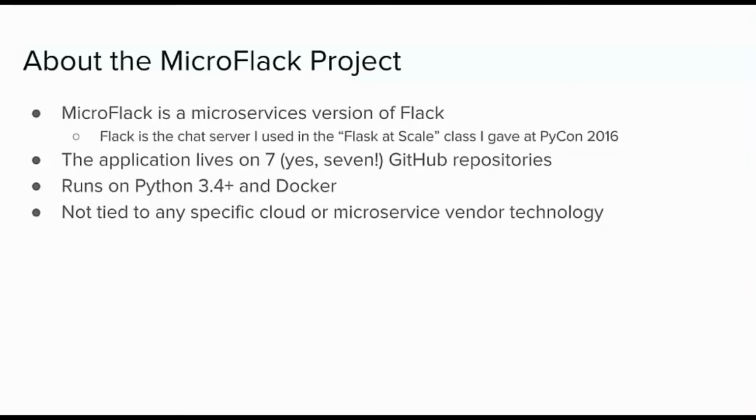It also uses Docker. I'm going to explain why I decided to go with Docker for that. And I also decided not to use any of the platforms that are popular for hosting microservices. So no AWS, no Kubernetes, nothing like that.